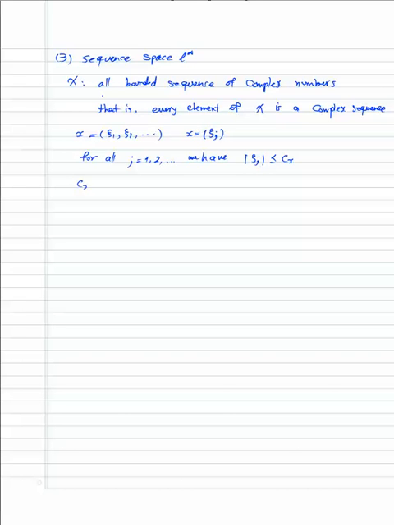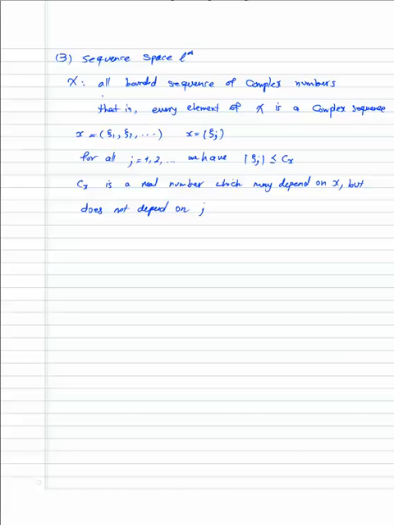And this Cx is a real number which may depend on x, on the element, but does not depend on the index j.